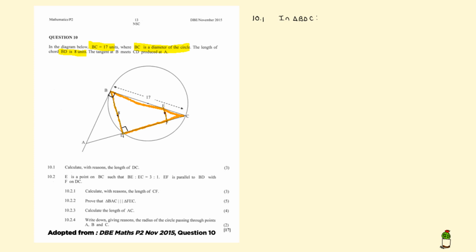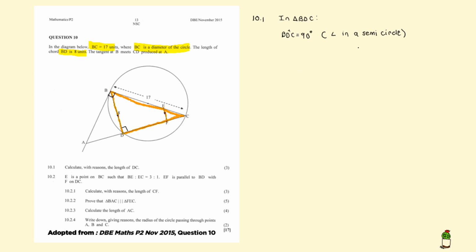We can calculate DC using Pythagoras. The first thing we need to note, because this was not given, is that angle BDC is equal to 90 degrees, and this is an angle in a semicircle. So that's the first thing we need to tell them.